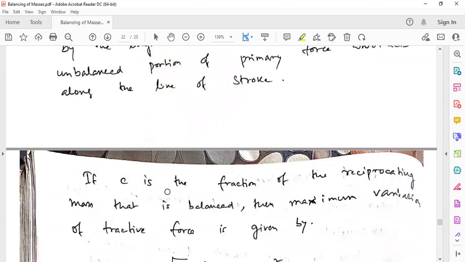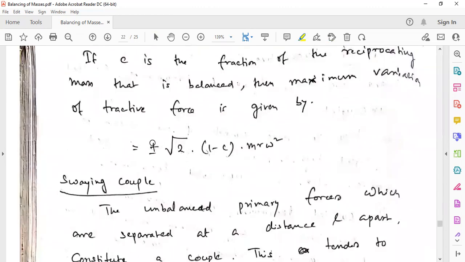This one is plus or minus: plus when it is increasing, minus when it is decreasing. Plus minus root 2 (1 minus c) mr omega square. So it depends upon what portion of the mass you have balanced. C is the portion balanced, and whatever remains unbalanced is 1 minus c.